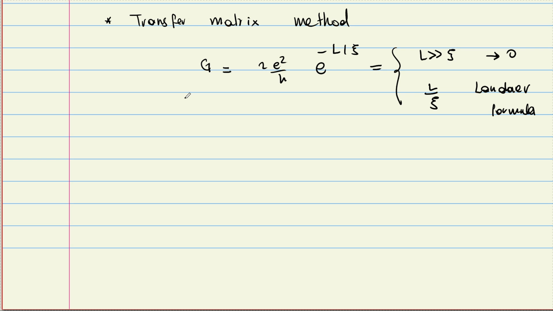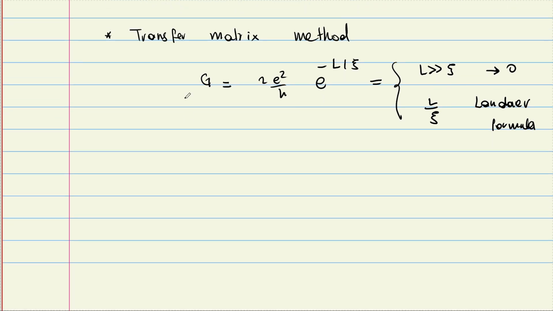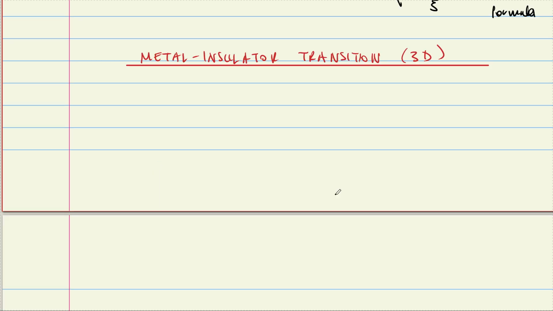Any questions? So we talked about 2D, we talked about 1D, and last, let me also think about 3D. And in 3D, we have a metal insulator transition. So delta sigma is finite in 3D, and that means no localization.